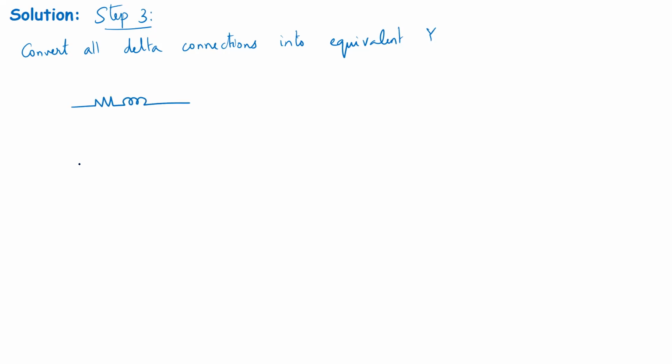This is the feeder for phase A, phase B, phase C. Each one has the same impedance, so I'm just going to write it only once in ohms. And then I have the primary of the transformer, which is Y connected by default.